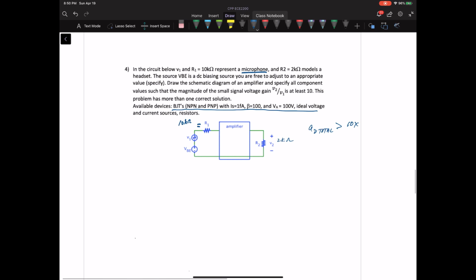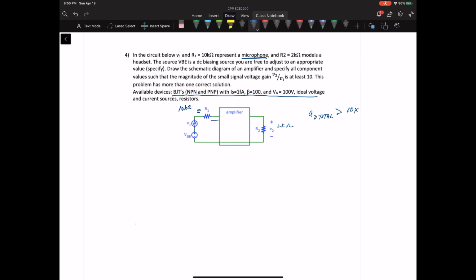The restrictions are we have to make sure that our input resistance of whatever we design is large enough that we don't get a giant attenuation along with R1. Because remember, R1 is in parallel with the Rin, and the lower Rin is, the bigger the attenuation and the lower our gain is going to be.